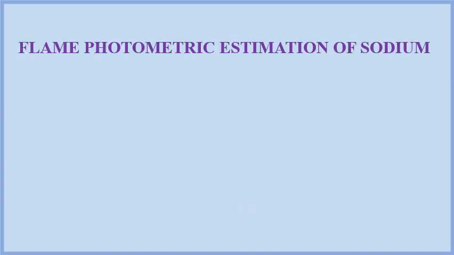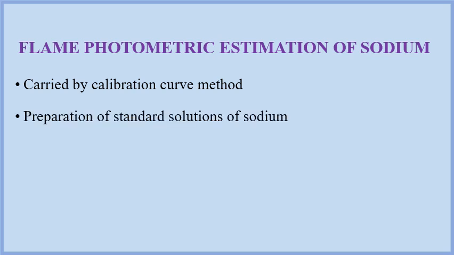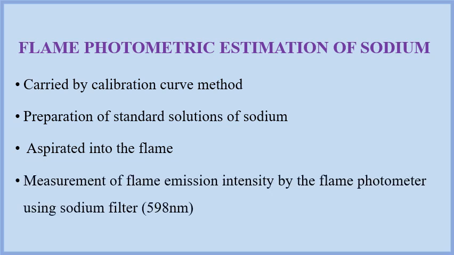Now, let us see how to estimate the sodium by flame photometric method. For this estimation, first standard solutions of sodium are prepared. The emission intensities of these solutions are measured by using flame photometer with sodium filter.